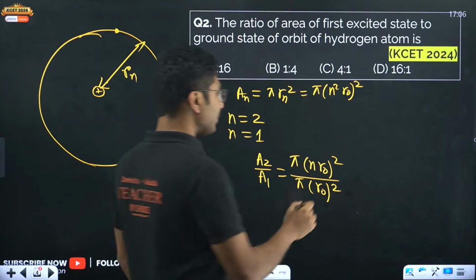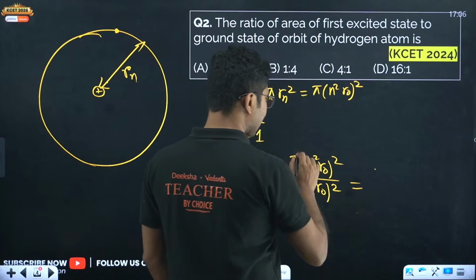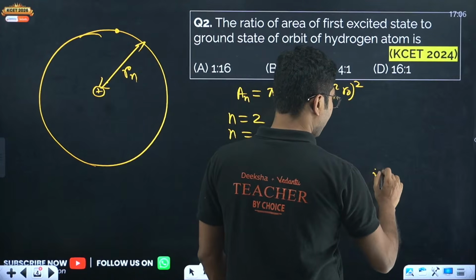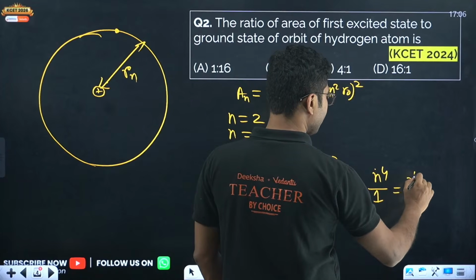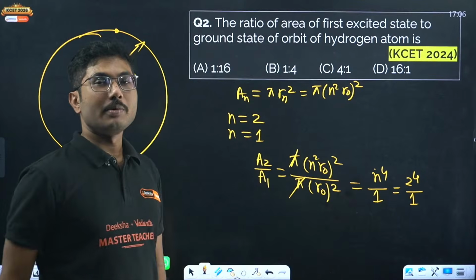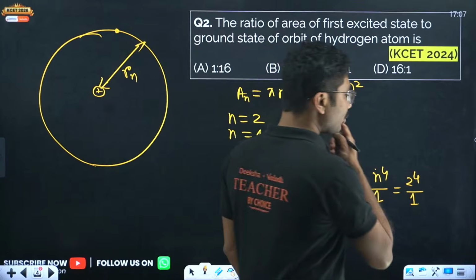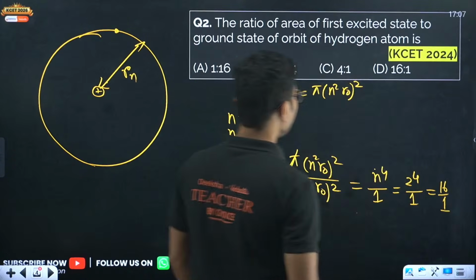Now let's put the values. Pi cancels, we get n to the power of 4 by 1. So n to the power of 4 means 2 to the power of 4 by 1. 2 to the power of 4 means 2 square into 2 square, that is 4 4s are 16 by 1.